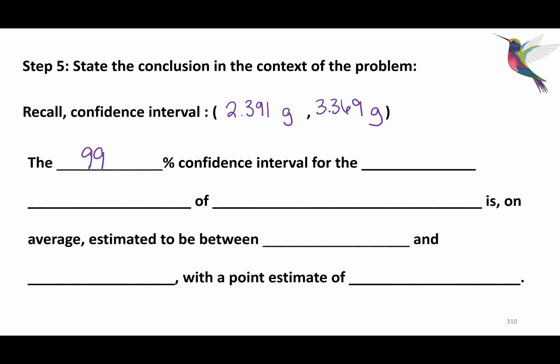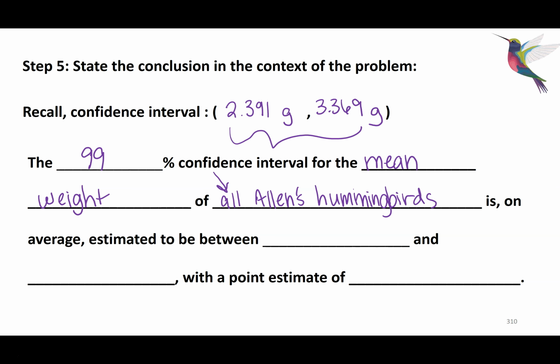So the 99% confidence interval for the mean weight of, and here I need to put my population, so all Allen's hummingbirds is on average estimated to be between 2.931 grams and 3.369 grams with a point estimate.